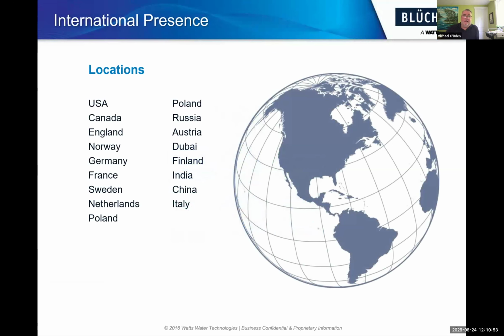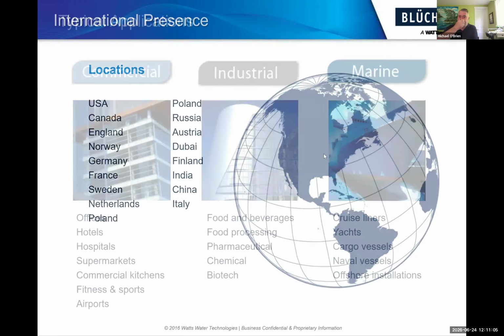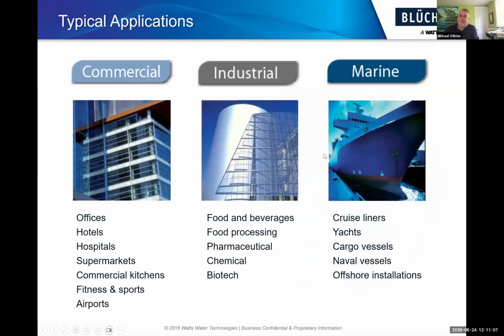As I mentioned earlier, an international presence, offices in all these countries, access to virtually all of the countries in the world. And surprisingly, that was even before Watts purchased them in 2008. So this little Danish company really had quite a reach.